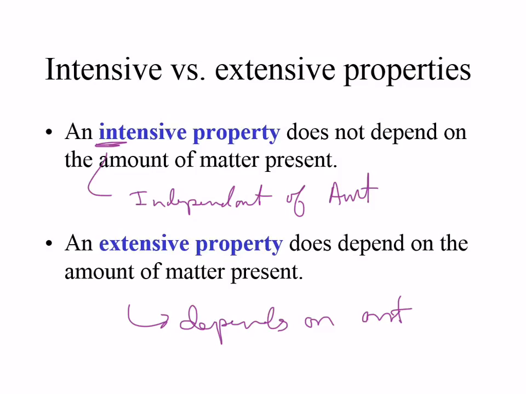Well, it does depend upon amount. Am I talking about the mass of one bag, or the mass of a box of bags as they come in? So an example of something that depends upon amount is mass. I said mass for extensive and color for independent.